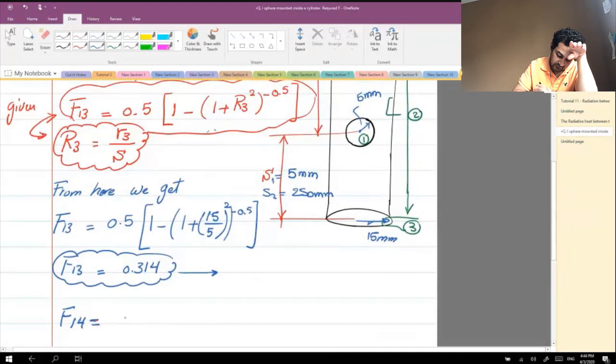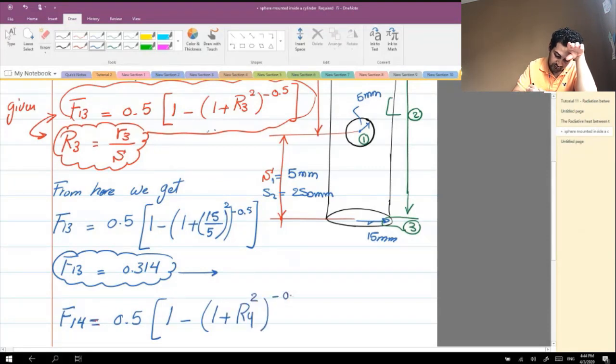So F14 is going to be the same, 0.5 times (1 minus (1 plus R4 squared) to the power minus 0.5). And R4 in that case is going to be radius 4 over, not S, because S is the distance between the sphere and the lower surface 3.